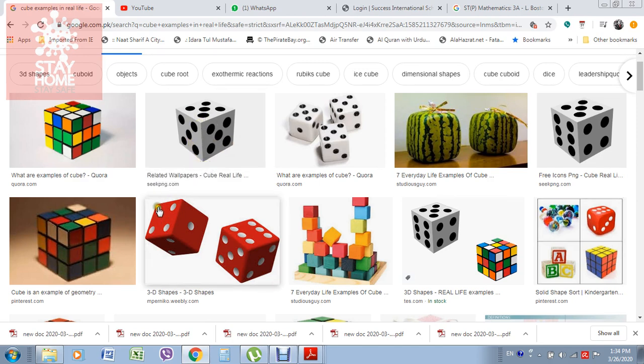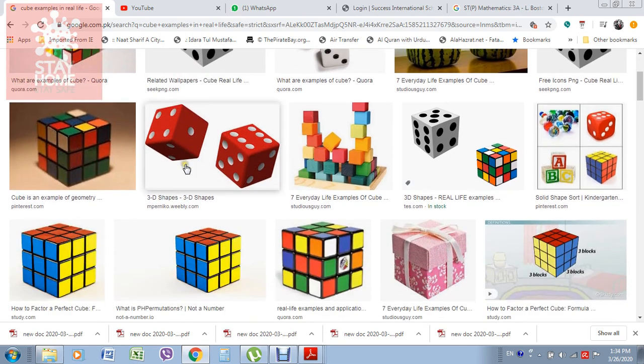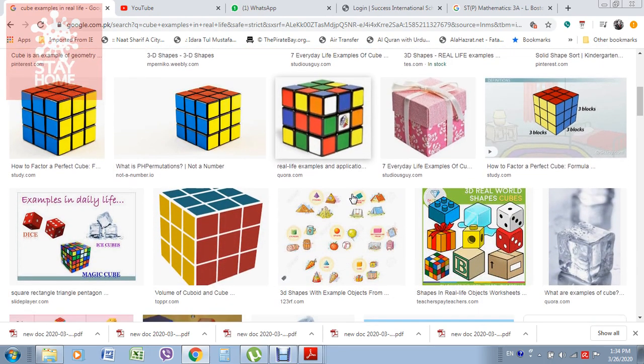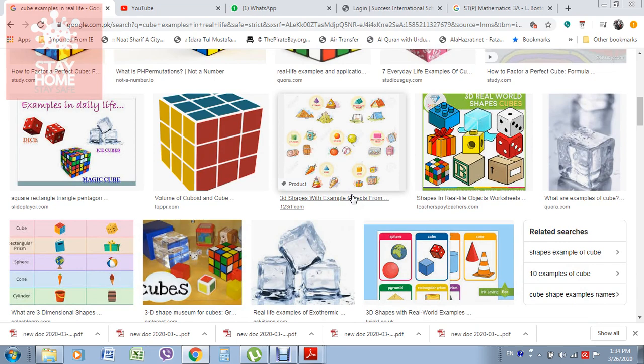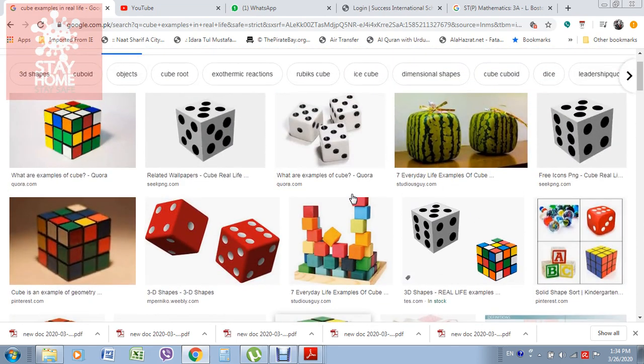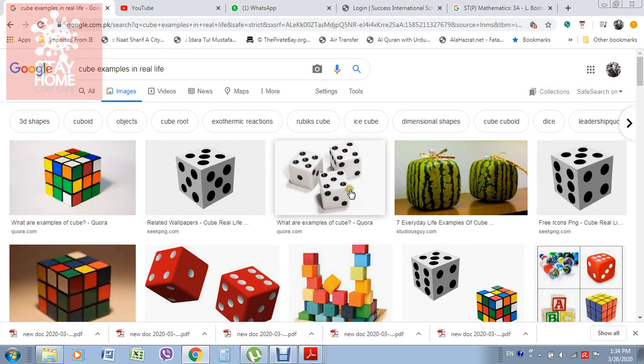Three sides, three dimensions: 1, 2 and 3. For finding the cubic volume, you need all these three sides. These are all examples of cubes. In your daily life, you can also check on Google by yourself.